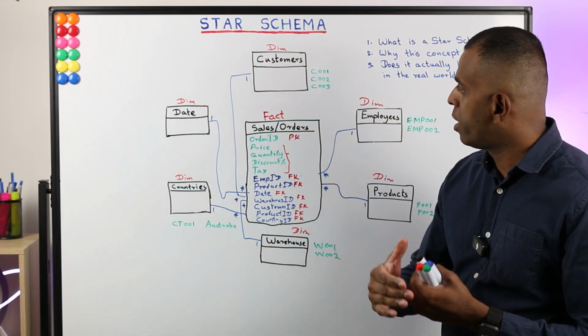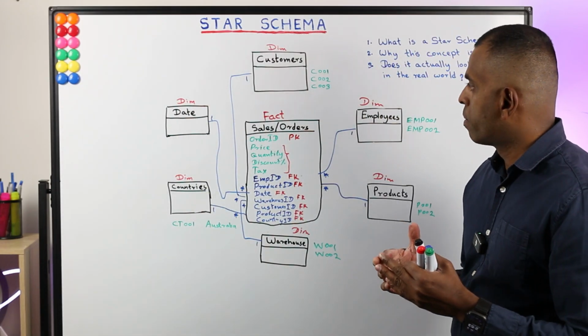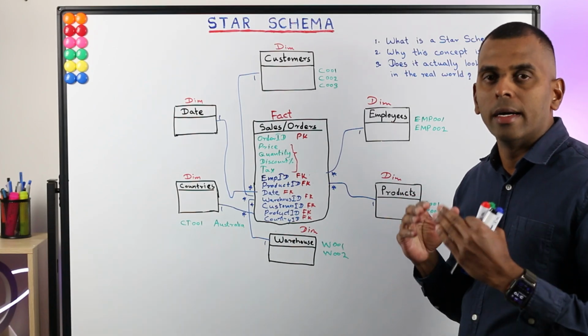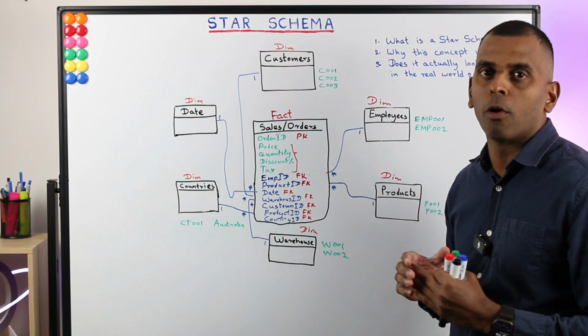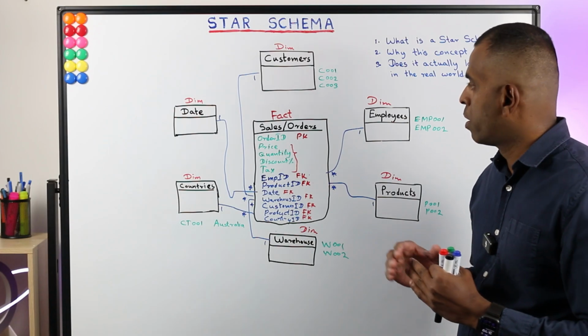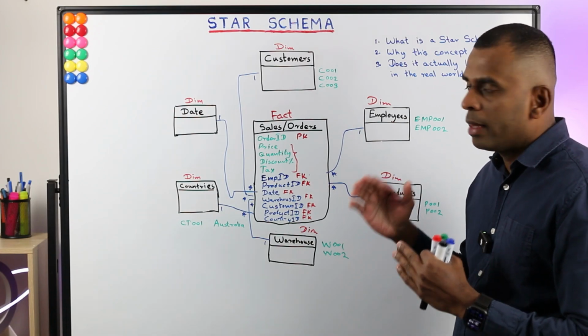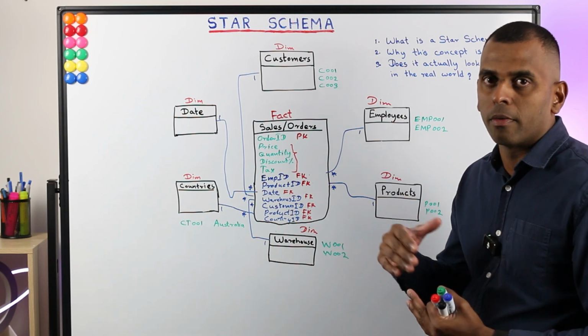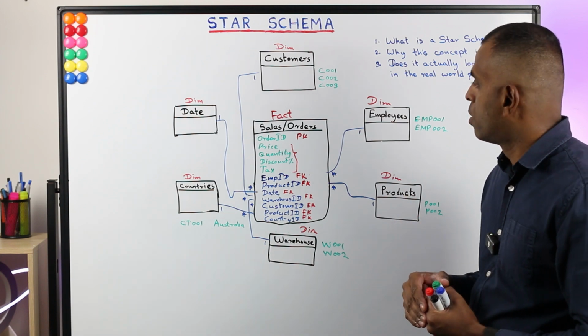So it's really important to understand why this concept is important, why Star Schema is the heart of Power BI, because this controls the flow of the data, the filter flowing of the data.